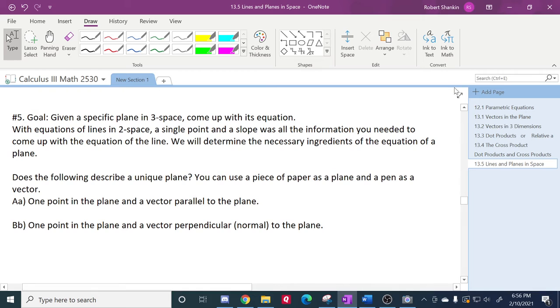Each of these 2 situations, does it describe a unique, a single plane? A, one point in the plane and a vector parallel to the plane. B, one point in the plane and a vector perpendicular to the plane.